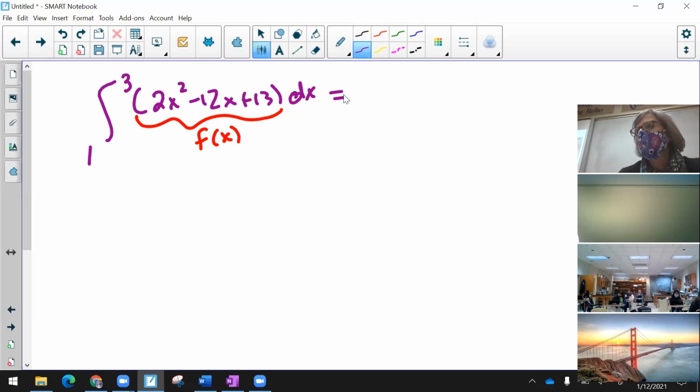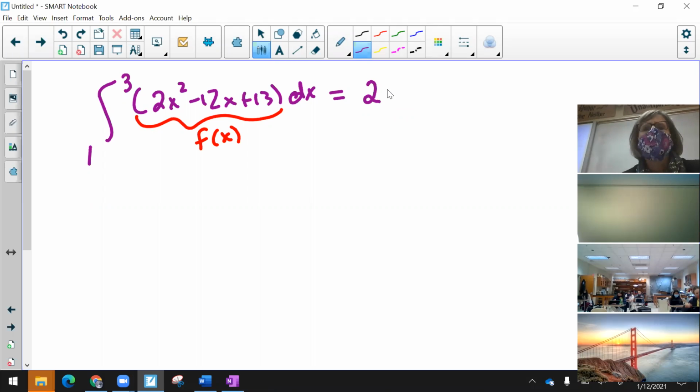What I'm going to do is the only way I know how to evaluate integrals at this point, which is either to take the area under the curve or to take the antiderivative. I can use the power rule here to do that. So what's the antiderivative going to be of f of x?